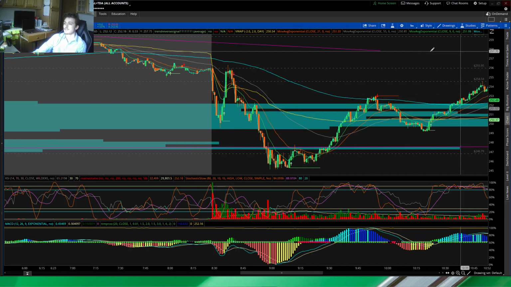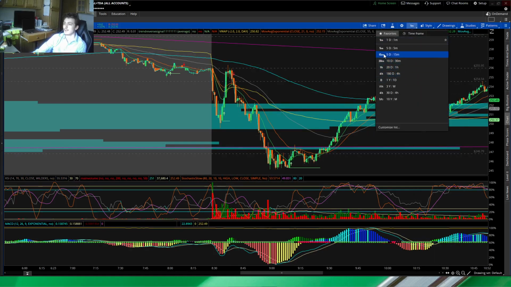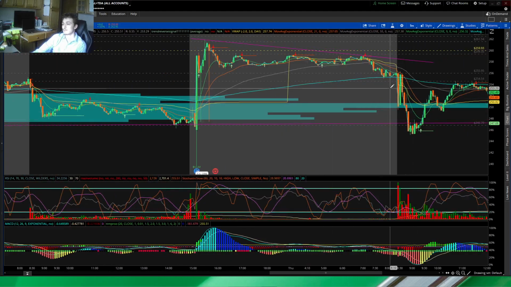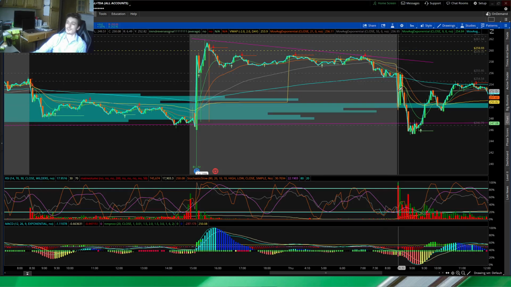So the 5 minute calms you down a little bit, just to see if it really does, especially the 1 hour too, to see if it still looks bullish overall, or if it really is selling off.